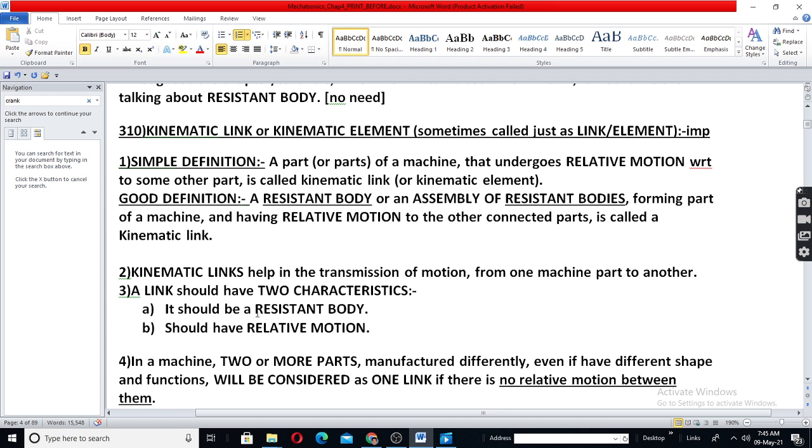A kinematic link should be a resistant body, strictly speaking a rigid body, but practically we say resistant body, and should have relative motion with respect to another link.